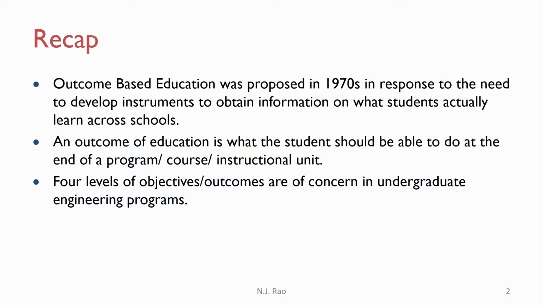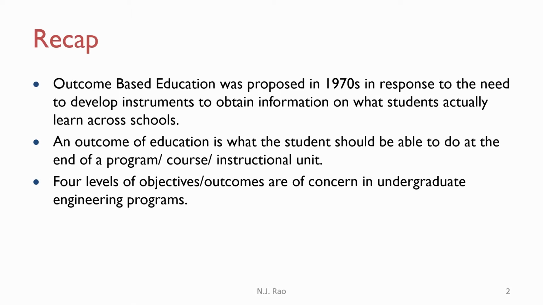In Unit 4, we looked at outcome based education. Outcome based education was proposed in the 1970s in response to the need to develop instruments to obtain information about what the students are actually learning across schools.